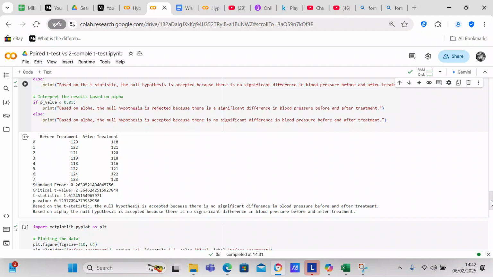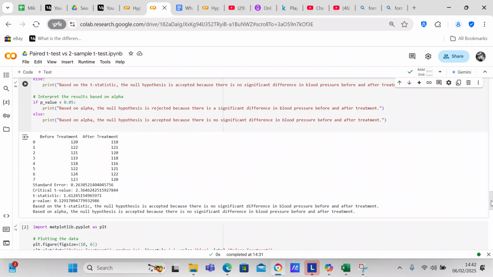If you use the two-sample t-test, it's going to accept the null hypothesis, which means that there's no significant difference between after treatment and before treatment. So you have to choose your hypothesis test carefully.